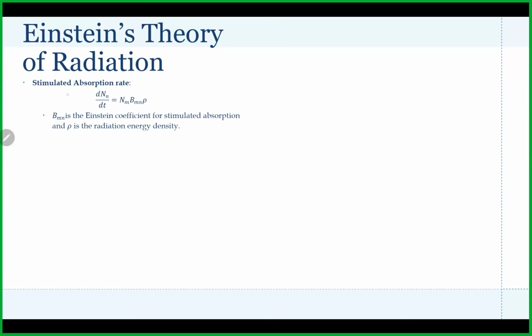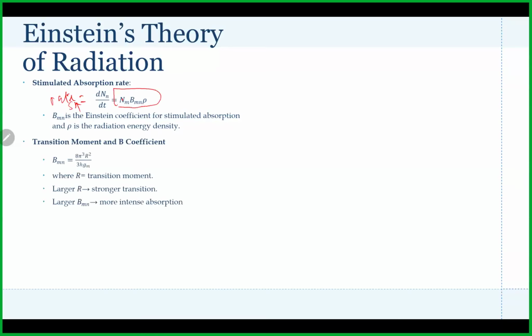So the rate of stimulated absorption is given by this formula. Then the meaning of all these things are stated. R is called transition moment, and we'll talk more about it when we talk about selection rules.